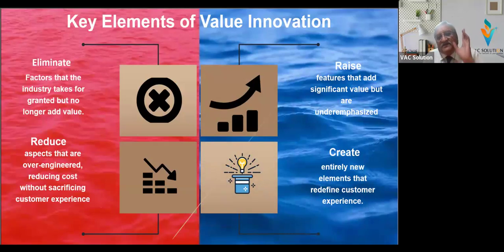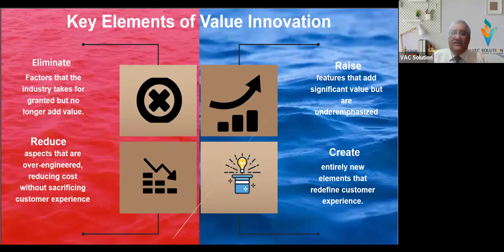Now, one question will come in your mind. Okay, as a concept, this is very good. You eliminate things which are of no more value to the customer, fine. You reduce aspects which are over-given, which are over-emphasized. And when you reduce the intensity of it, automatically there is a cost benefit for the manufacturer.